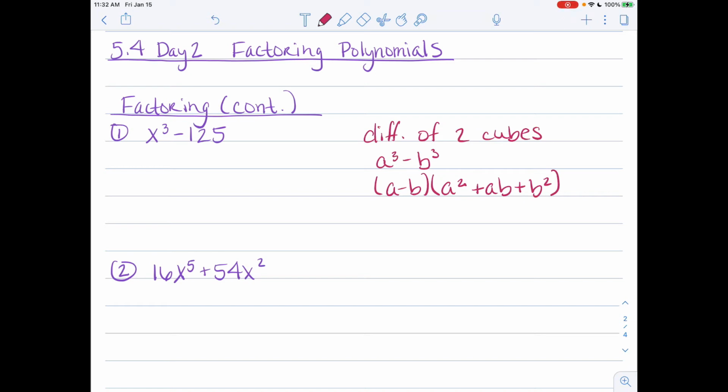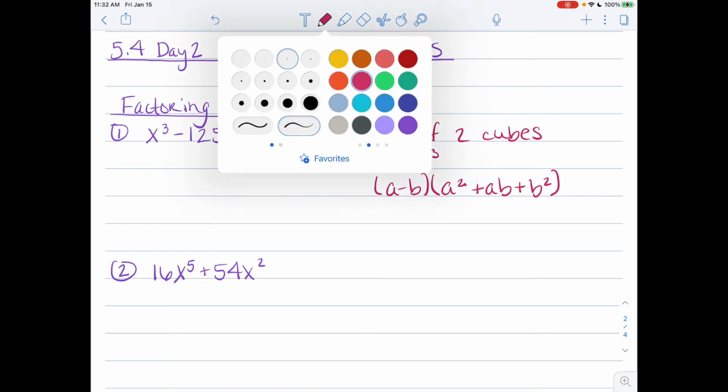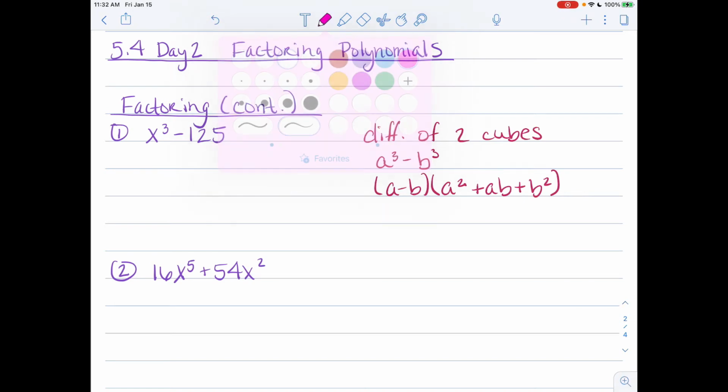I want you to notice something about this. We're going to try to help ourselves remember how to set up this equation without having to memorize every single little detail. So one thing that you will notice with this difference of 2 cubes is that this sign right here is negative, and so it is the same sign as the negative that we started with.